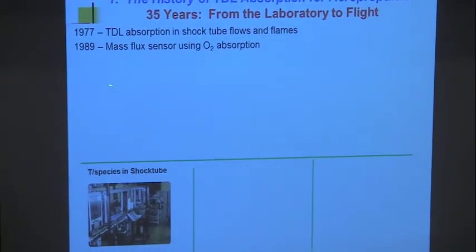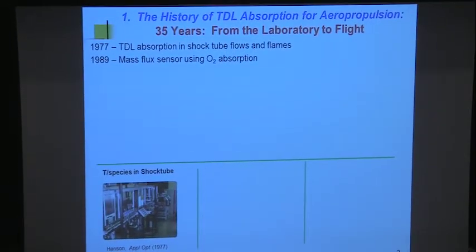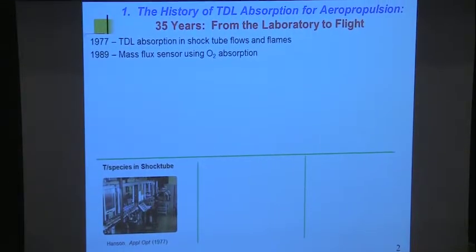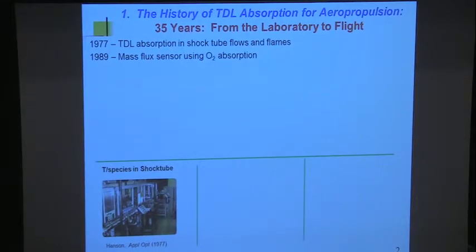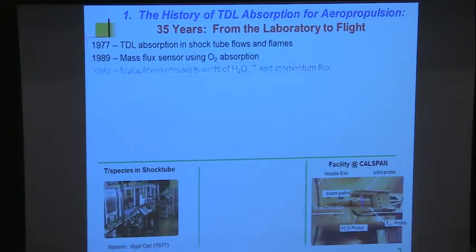But another 12 years later, we learned we could measure the mass flux of oxygen corresponding to the inlet of an airplane using the diode laser idea. So not measuring species, but measuring a combination of species density and velocity.